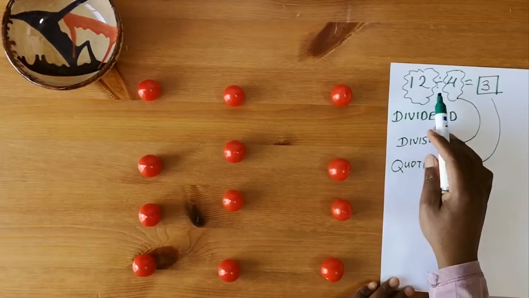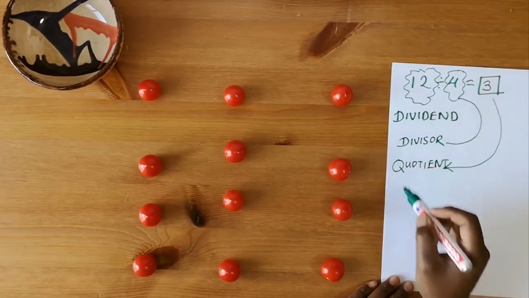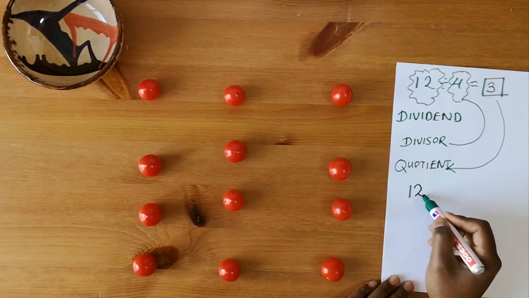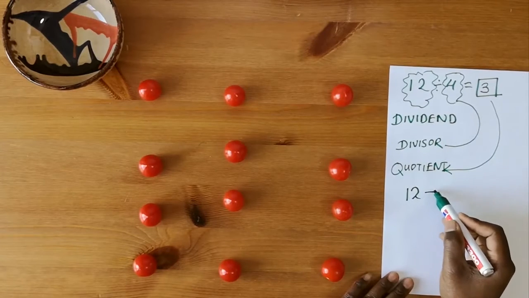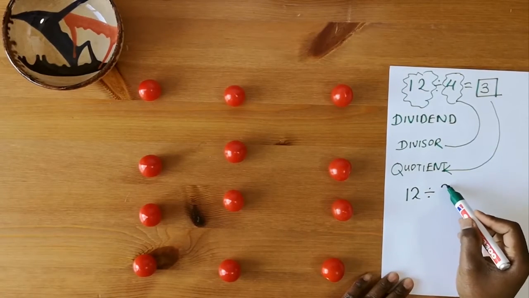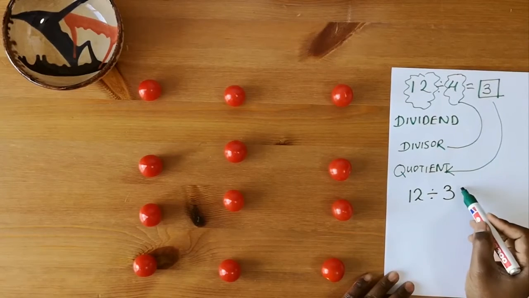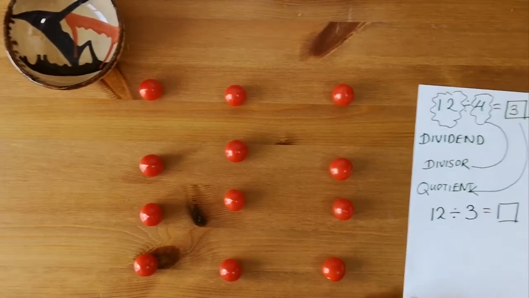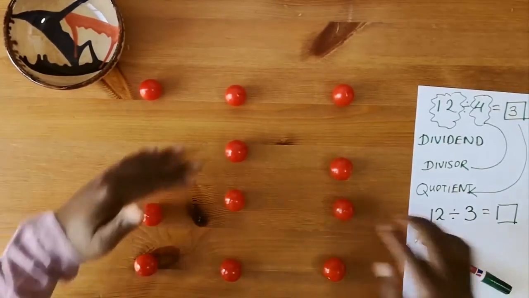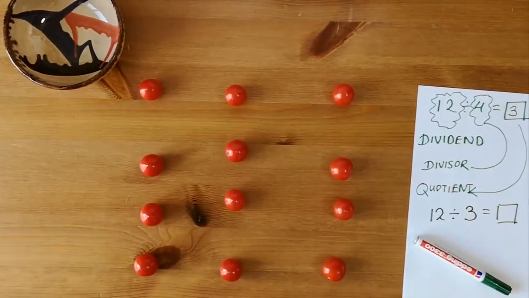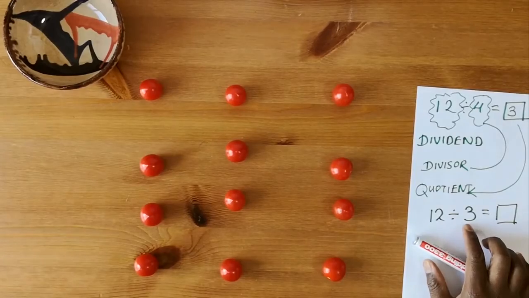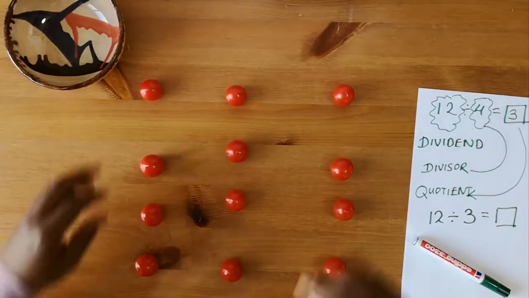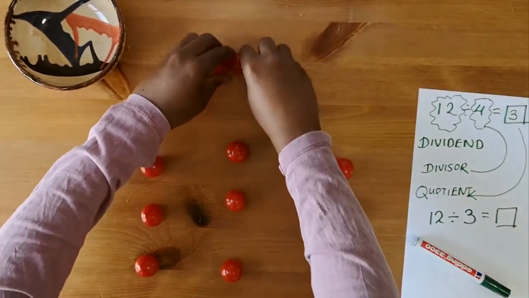Now I'm going to take the same number 12, the dividend, and this time I'm going to divide it by 3. Now we're going to be putting these tomatoes in groups of 3. I could do them in any order, as long as they're in groups of 3. Now I'm going to put these 3 over here.